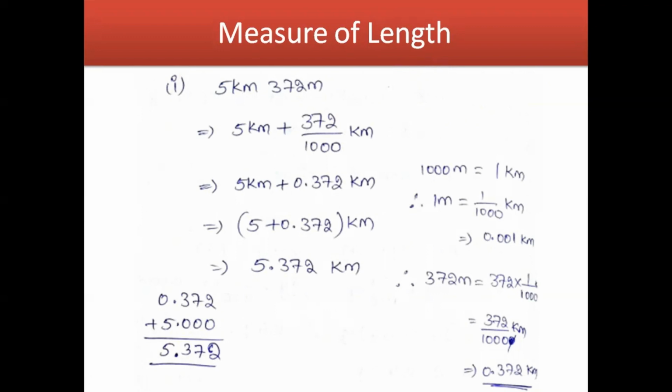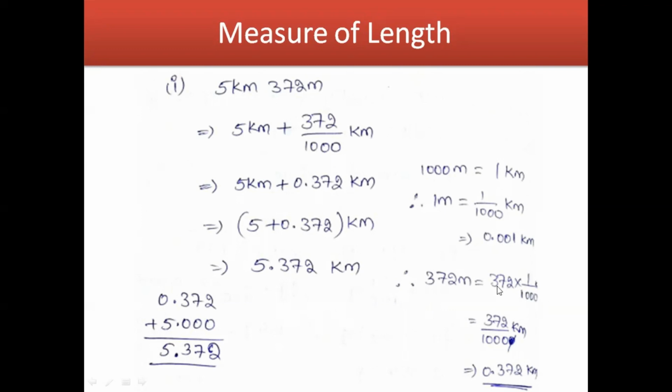Measure of length. For example, in length 5 kilometers 372 meters. 372 is in meters. Now changing into kilometers. So see here 1000 meters is equal to 1 kilometer. Now 1 meter equal to 1 by 1000 kilometers. It is changing into decimals, 0.001 kilometer. See 372 equal to 372 into 1 meter, which is how much? 1 by 1000 kilometers.